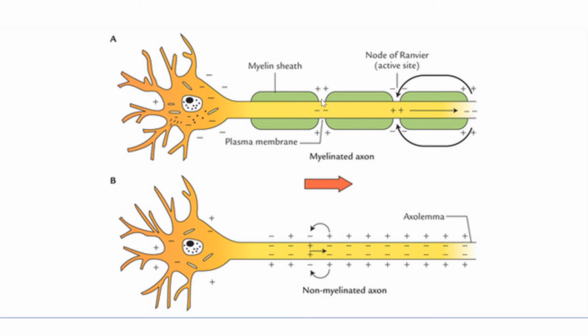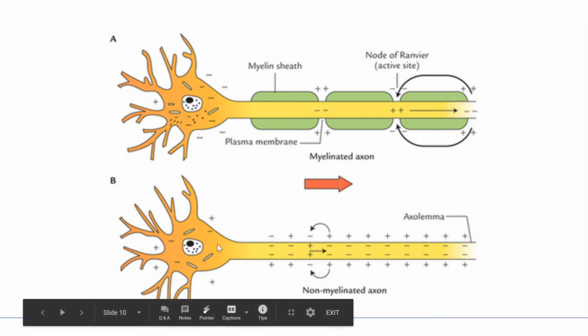The nodes, the spaces between where the myelin sheath is, are where we find the voltage-gated sodium and potassium channels. So when we're trying to send a signal, nothing has to happen inside of the myelin. We only have to depolarize and repolarize here. And then the signal will jump to the next one, and it will depolarize and repolarize there. And then the signal will jump to the next one, and it will depolarize and repolarize there.